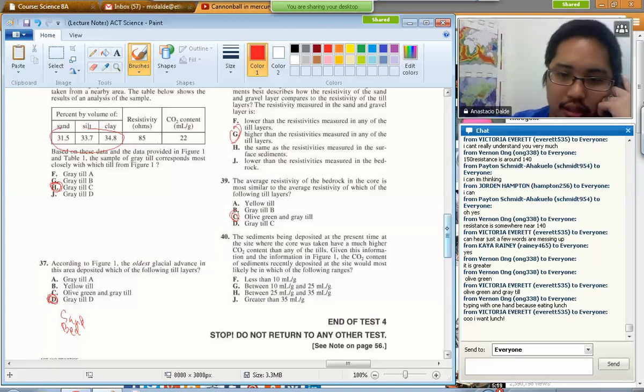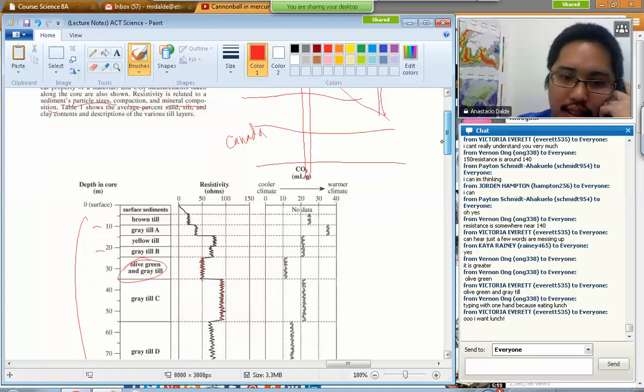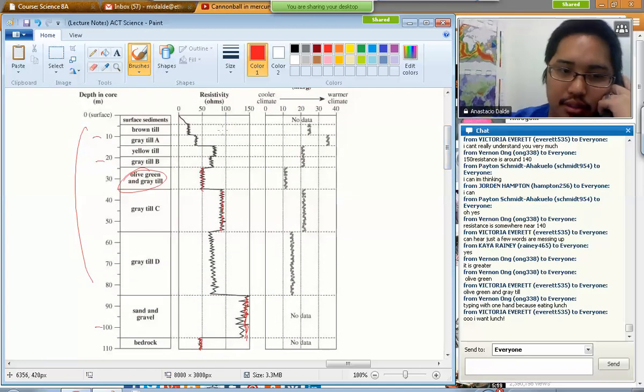Alright, so check this out. Here are my different sediments, and there's no data for the surface sediment. But I'm reading that it has a much higher CO2 content than any of the other tills before.